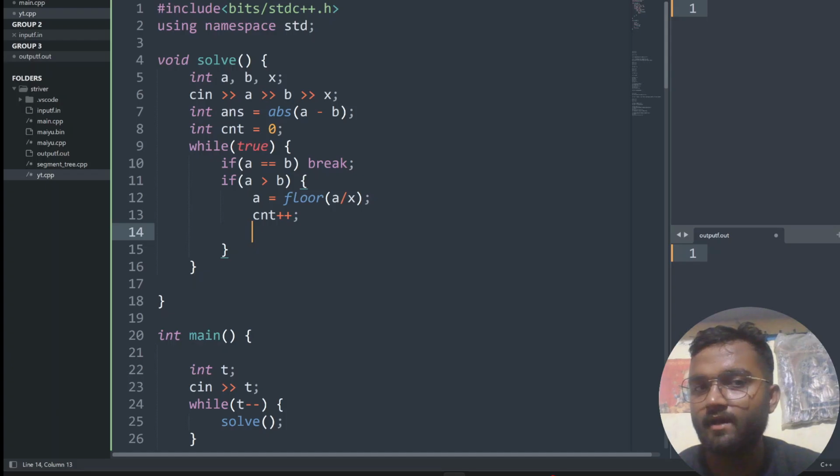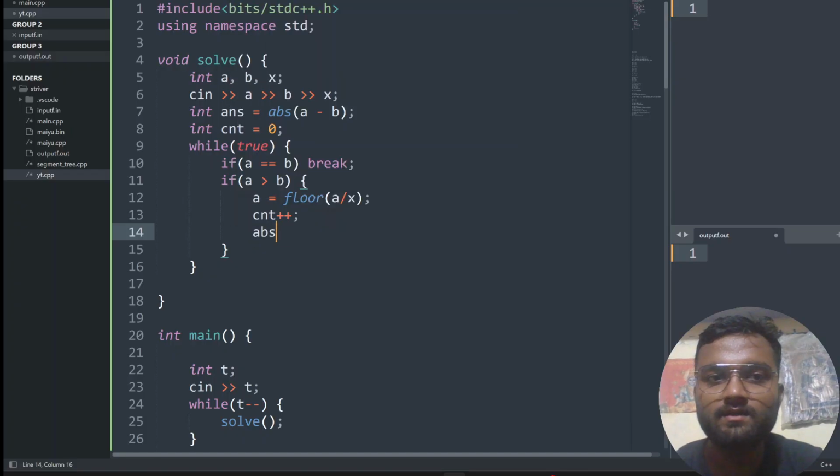Now we have to analyze all the answers and take the minimum one. Now I have a new a and new b. I have done one second operation, that is the divide one. Now we do the first operation here: to make a and b equal at this point, we can just take the absolute of a minus b again.